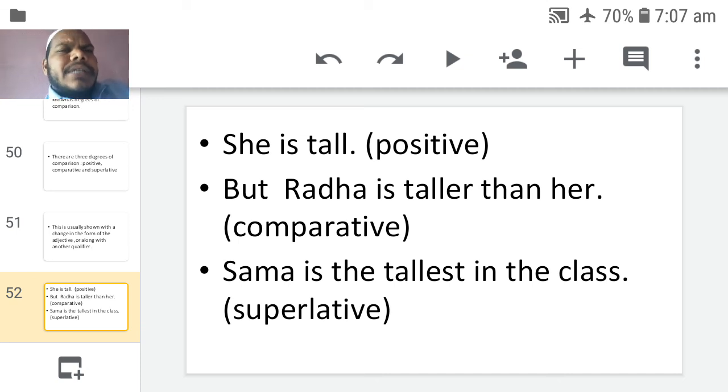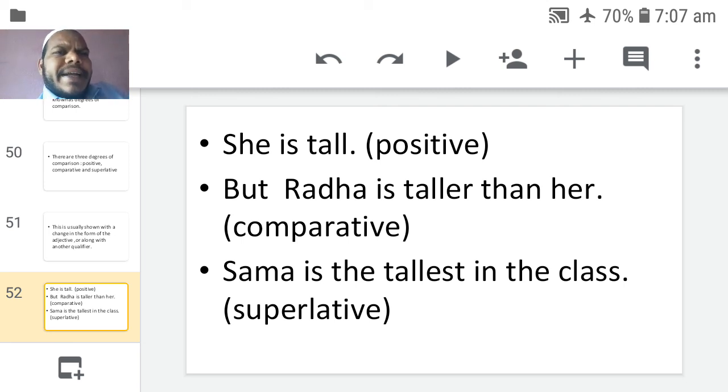So in the coming class, we will discuss the degrees of comparison in detail. It takes practice to learn how to transform sentences. We will see in the topic transformation of sentences from positive to comparative, and from comparative to superlative.